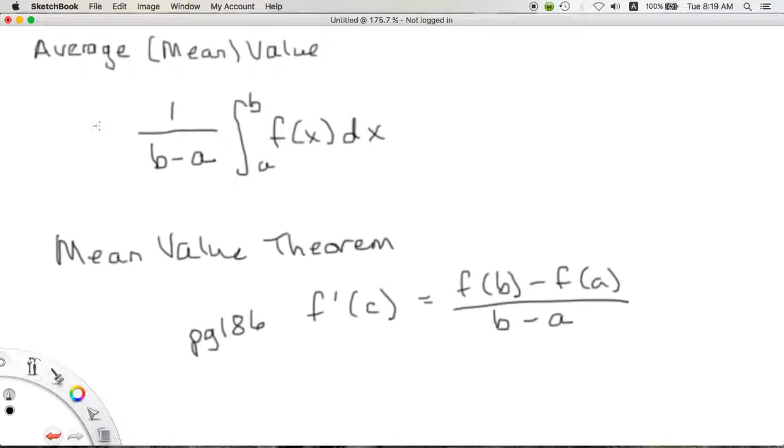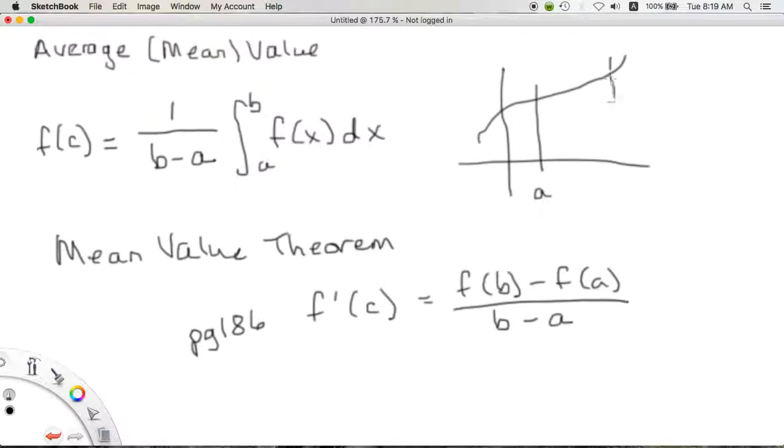And what it tells us is there has to be some value where the function value is equal to the average. Now, if you think about that, that makes perfect sense, because if you take a continuous function, continuous along this line from A to B, basically what you're doing is adding up all these little function values and finding the average.